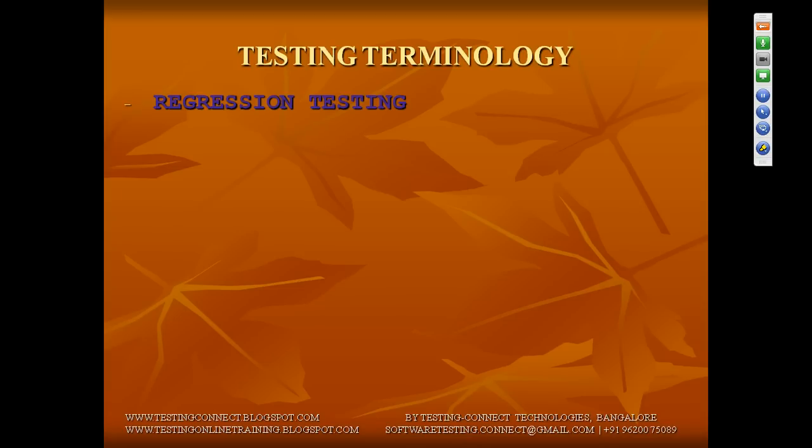So regression testing. Before that, whatever application you are working on, for that application you'll come up with two types of releases, major release and minor release. Major release is nothing but every 3 months, minor release is nothing but every 1 month.